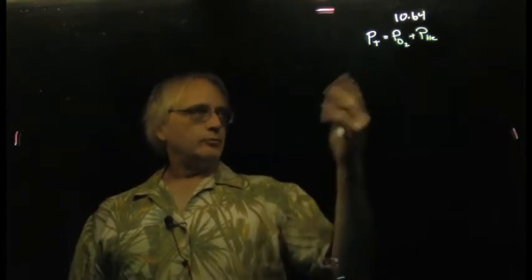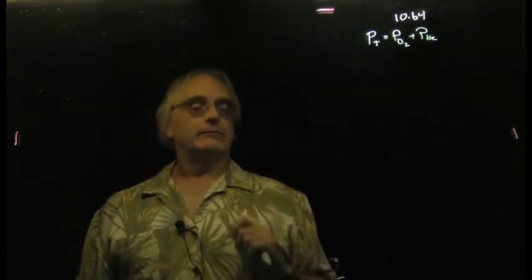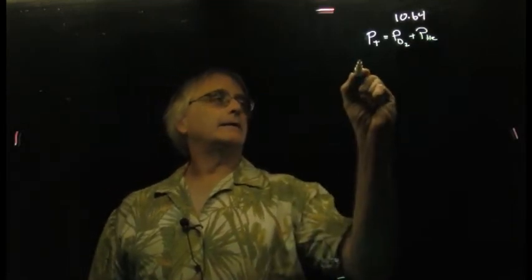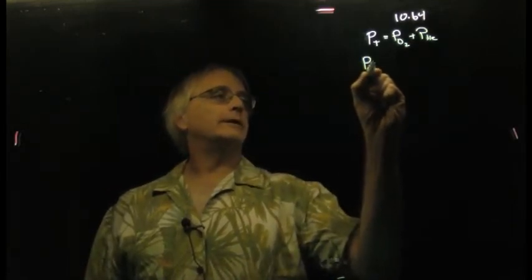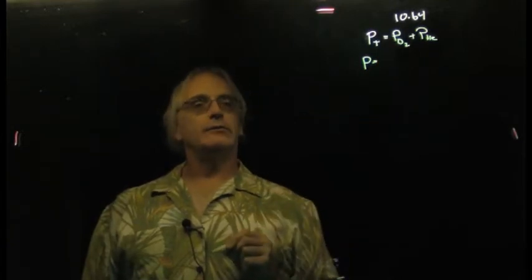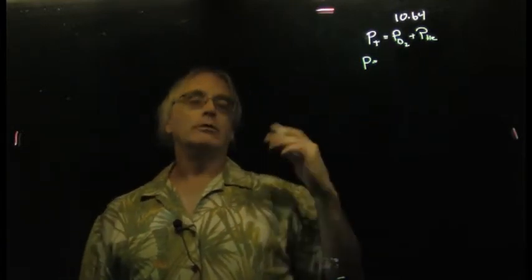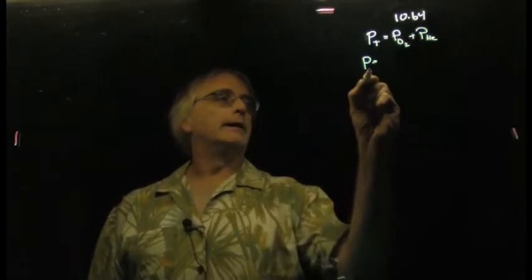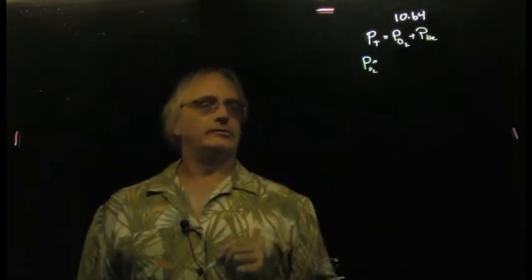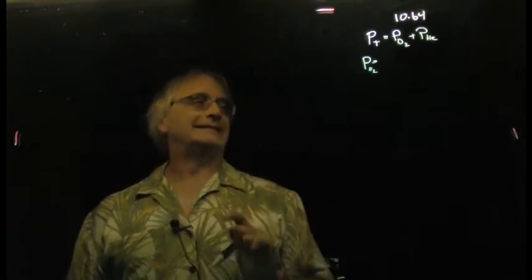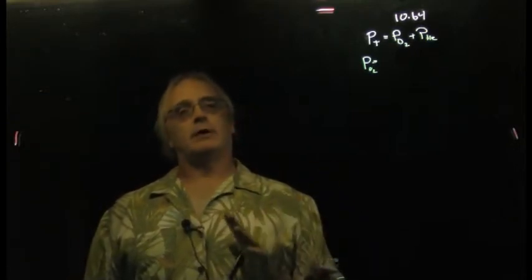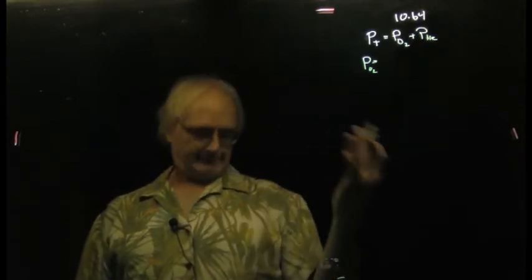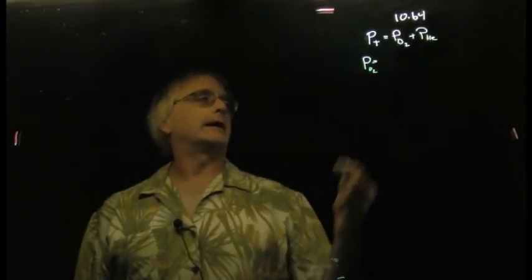Now, this is a nice basic relationship for remembering partial pressures, and then I'm going to write this one down. We're actually not going to make use of this version, but when you're dealing with gas mixtures, it's always a good idea to keep this one in mind. For the partial pressure of the oxygen, there are two different ways to get it, and depending upon the problem and the information provided, you'll use one or the other technique.